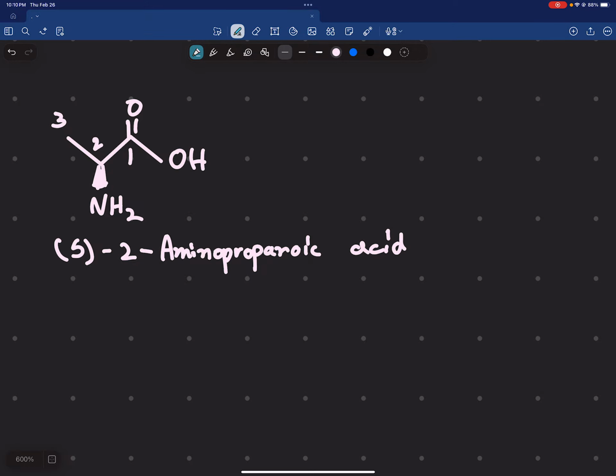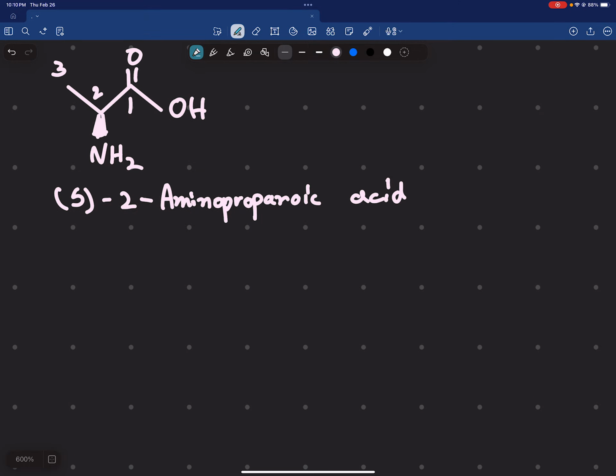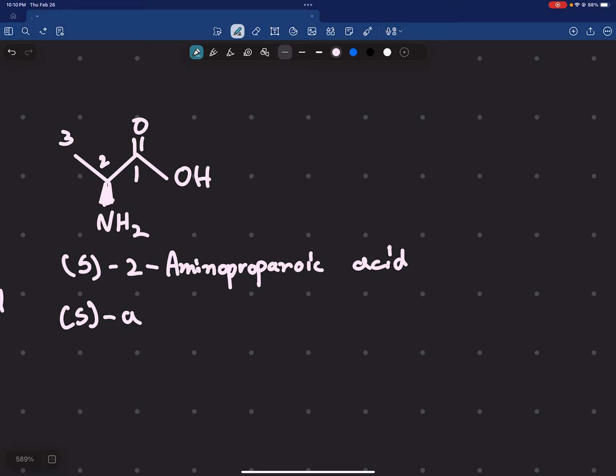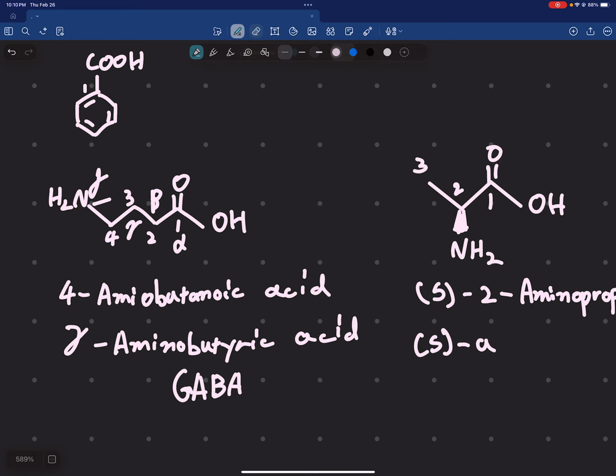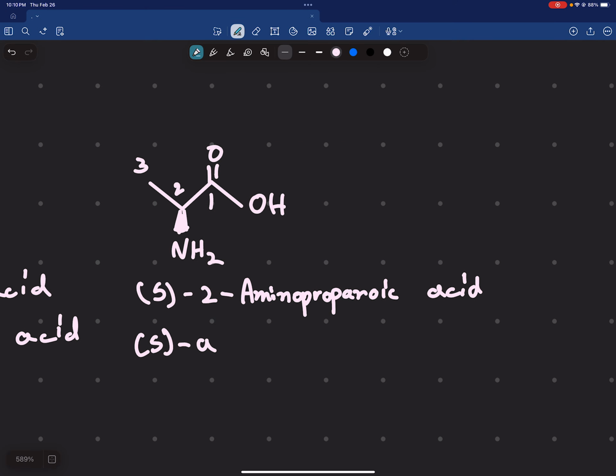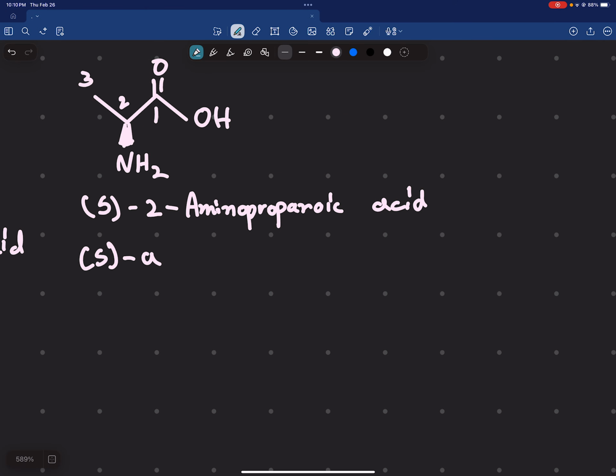But the common name for this would be S-2 alpha aminopropanoic acid, otherwise known as L-alanine.